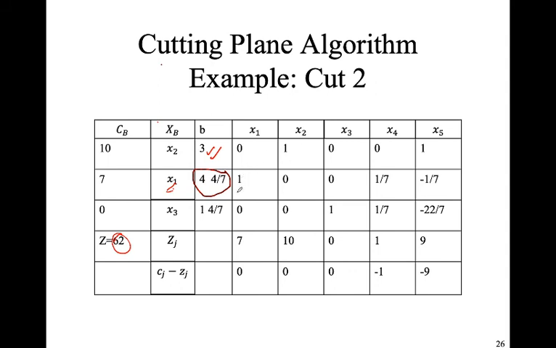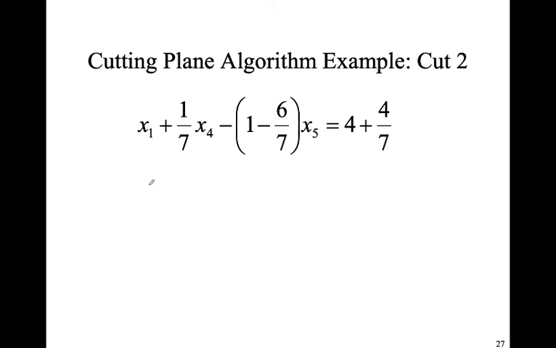Okay. So now we are going to add the cut corresponding to this one. So the equation is going to be x1 + 0 x2 + 0 x3 + x4/7 - x5/7 = 4 and 4/7.